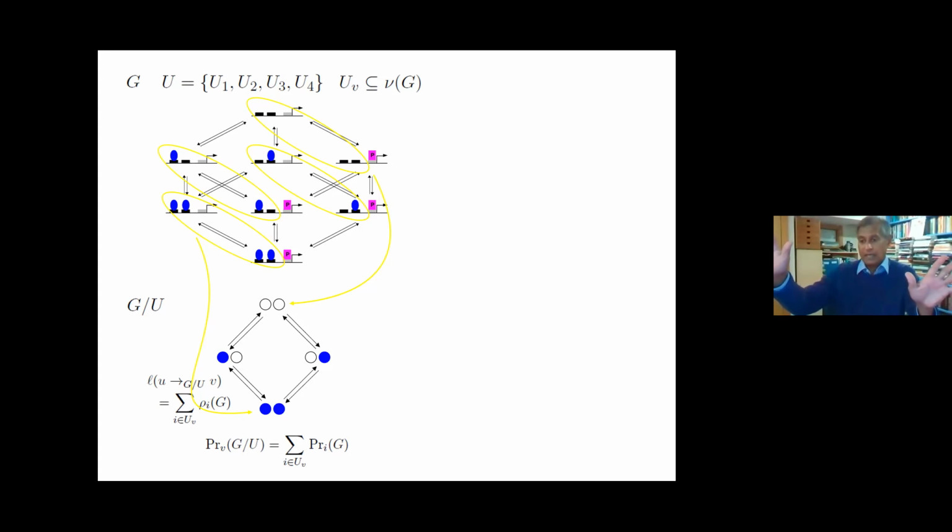Now we can construct a new graph in which the vertices represent the subsets. And we can make an edge from one of these subset vertices to the other subset vertex if, in the detailed graph, there is some edge from within that subset to within that subset. That's it. Let's think about how that would work if we coarse grained in the following way.